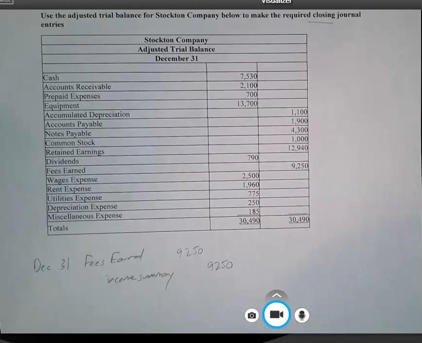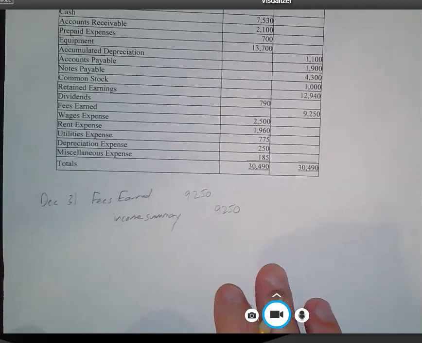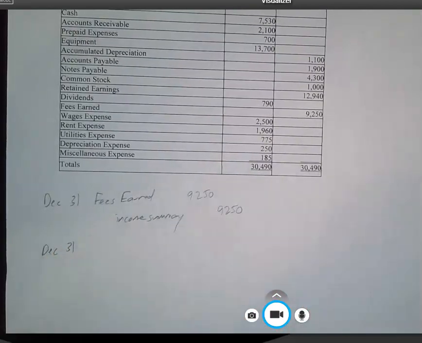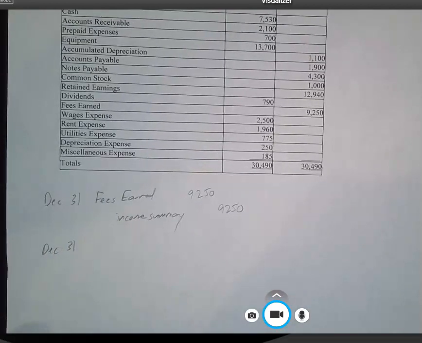All right. Then, on the same day, December 31st, we have to take all of these expenses, 1, 2, 3, 4, 5, and we have to make a closing entry for those.